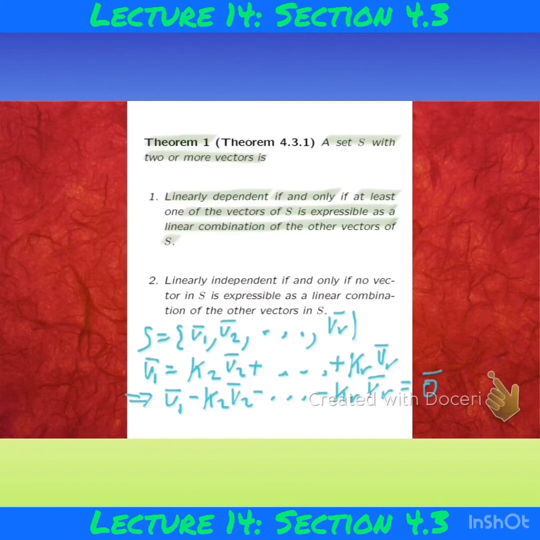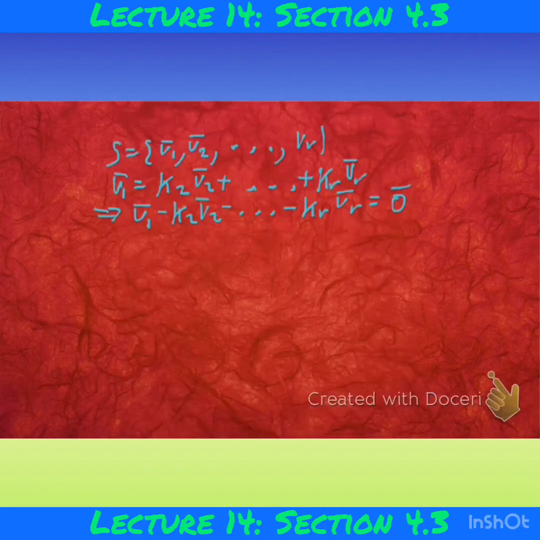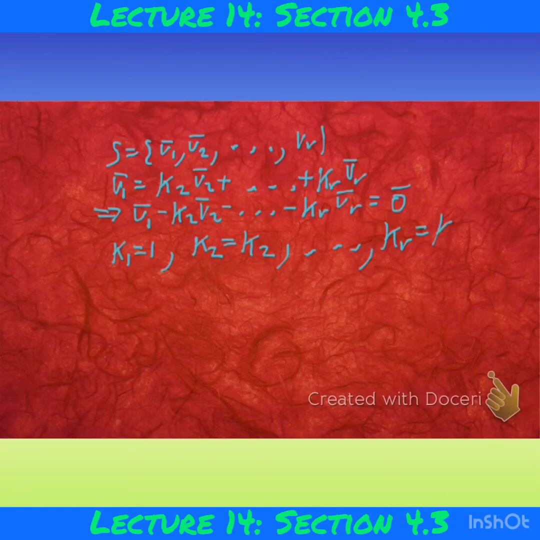Now look at your solution. What is the solution now? Is it trivial or non-trivial? You can let K1 be 1, let K2 be K2, whatever it is, and let KR be whatever it is.